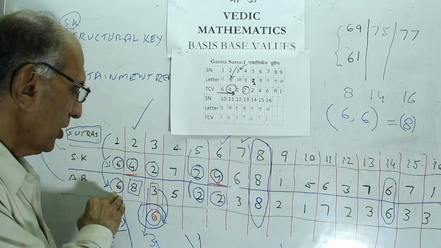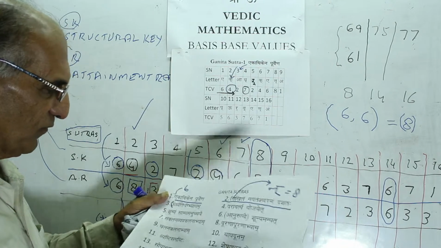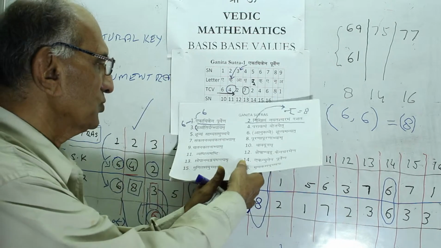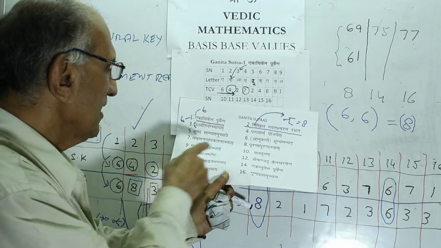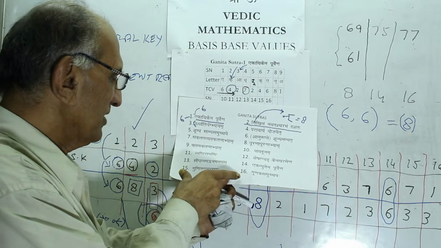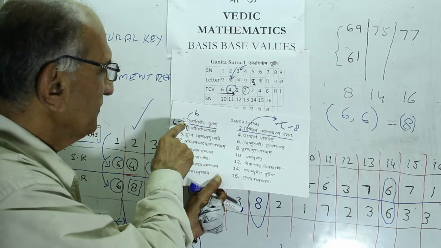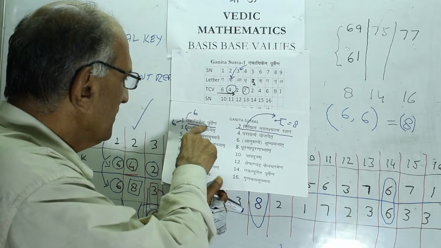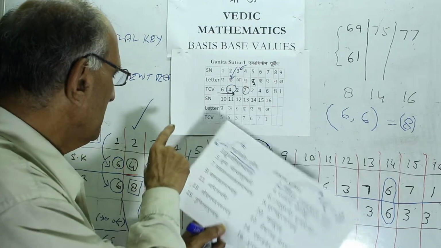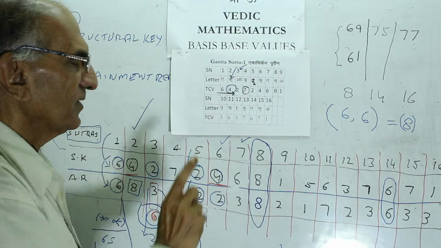The attainment reach values are given here in the third row. This third row in fact is the row of the first letters of these Ganita Sutras. The first letters of these Ganita Sutras make the values of attainments. However, the letters of Ganita Sutra 1 itself give us the structural keys.